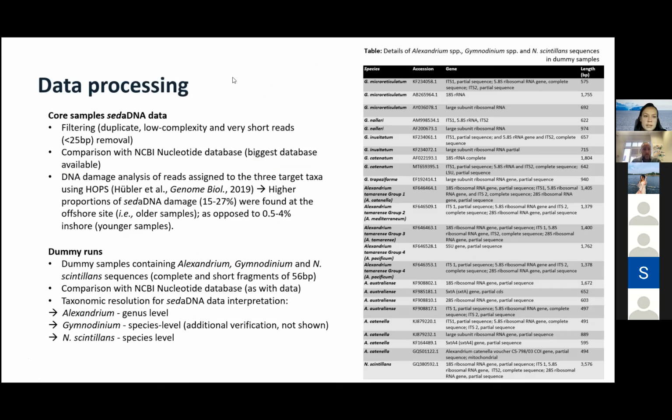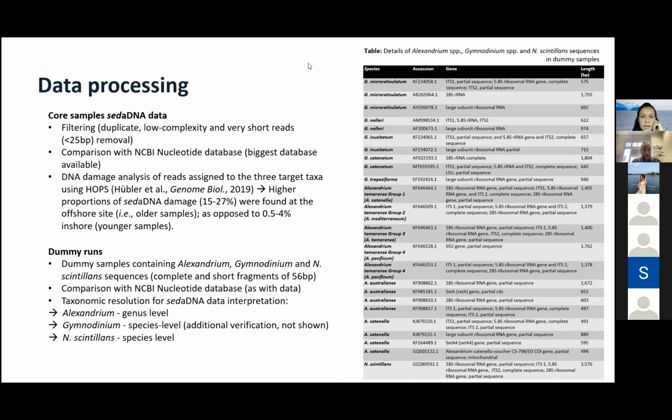So in terms of data processing, I didn't do much different to anything I've already explained for the Expedition 382 samples, although because we did have this various mix of genes that we were targeting, we chose the NCBI database to compare with, just to capture any potential genes that we were targeting in one go.